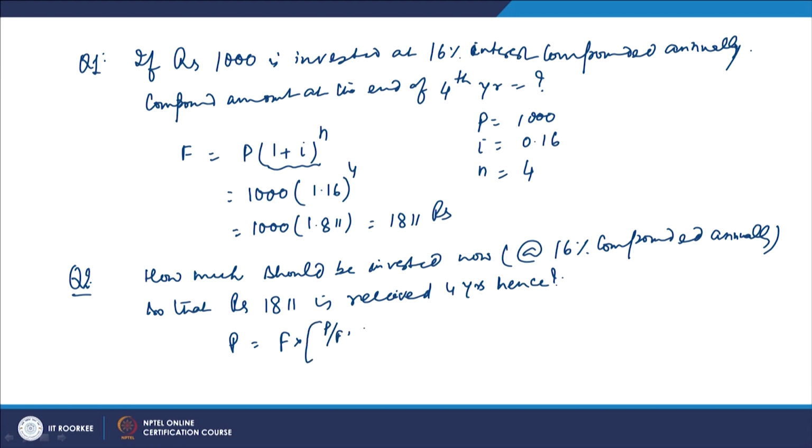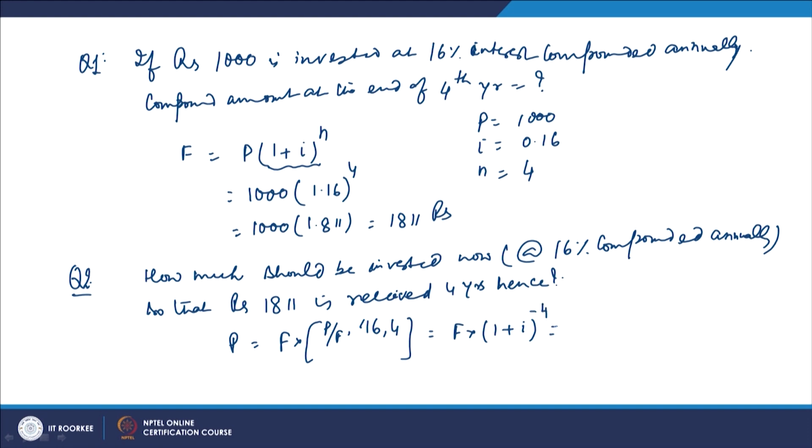Here i is 16%, so 0.16, and we can also write 16 in the notation, and n is 4. So it will be F into (1 plus i) raised to the power minus 4.